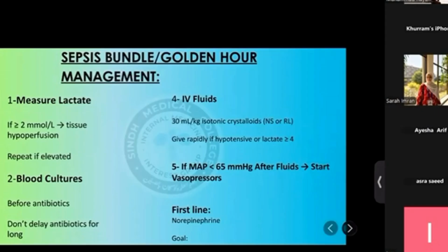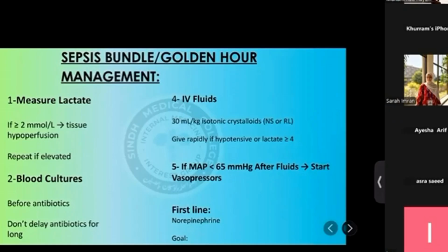As we talked earlier, 30 ml per kg isotonic crystalloid, either normal saline or Ringer lactate. If there is no history of CKD or renal impairment, you can go with Ringer lactate. Or if you suspect there is bilateral pedal swelling, profuse anasarca, the urine output is not adequate once you are giving the fluid, and there is a history of CKD, you can go safely with normal saline. And again, give rapidly.